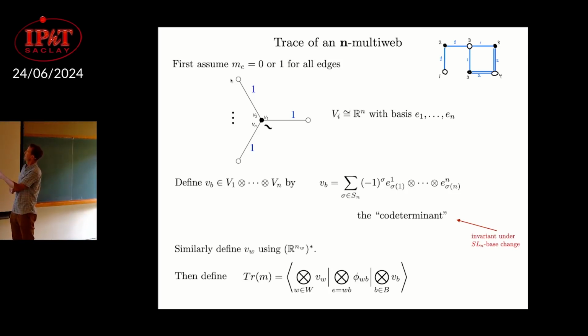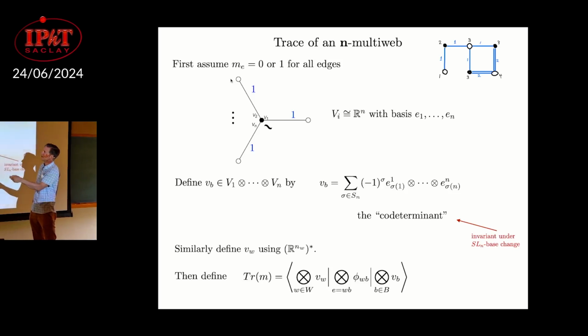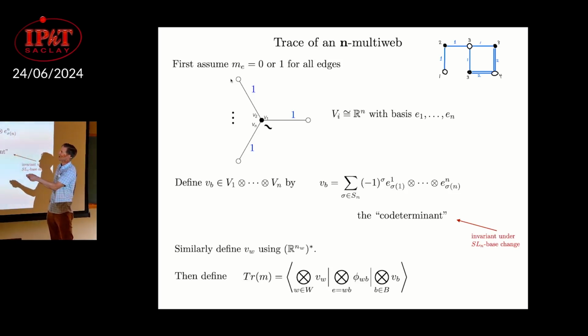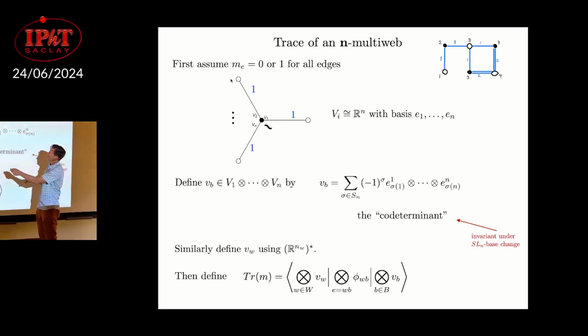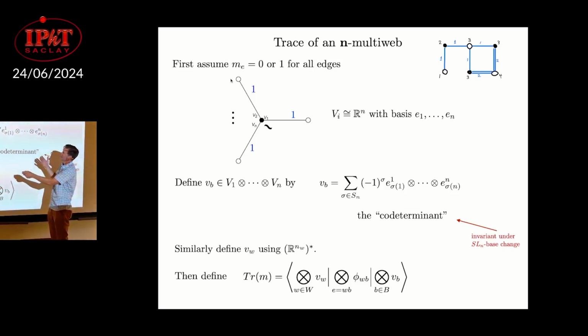Let's suppose they have some distinguished bases, E1 through En. Now I'm going to take the tensor product of those n vector spaces, each of dimension n, and define a particular vector in that tensor product called the codeterminant. It looks kind of like a determinant, except that the individual entries are each in a different vector space.